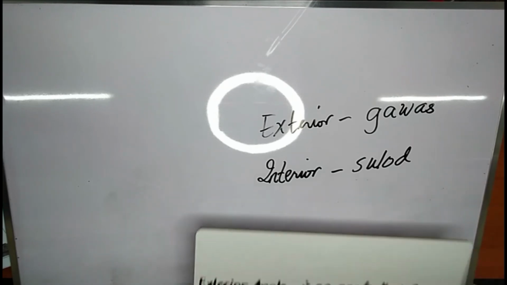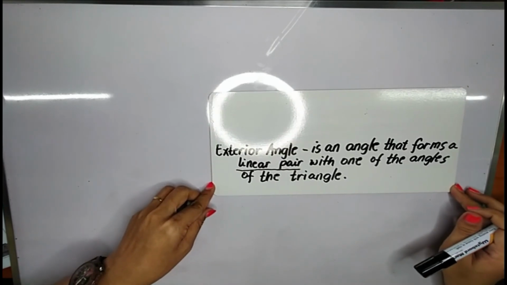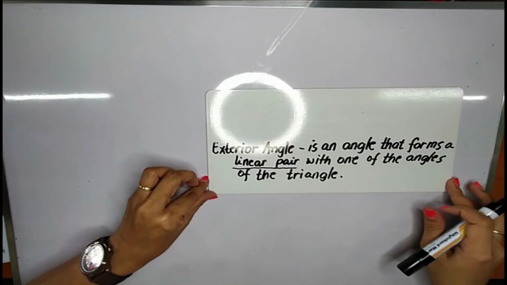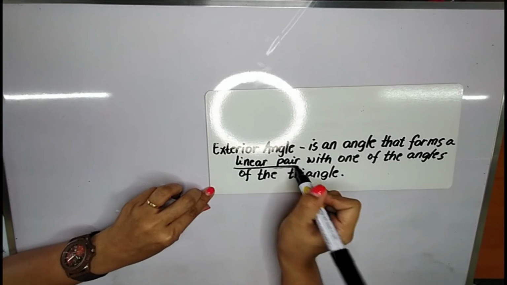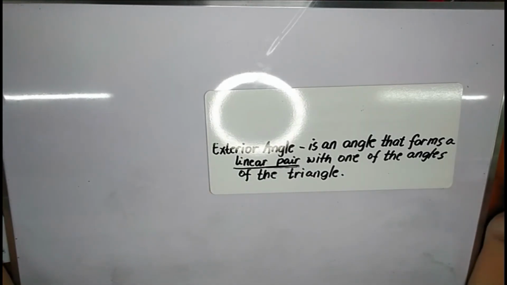According to your notes, an exterior angle is an angle that forms a linear pair with one of the angles of the triangle. What do you mean by linear pair? Aside from it being an angle that is located outside, since it is exterior, as we discussed earlier, an exterior angle is an angle located outside the triangle.